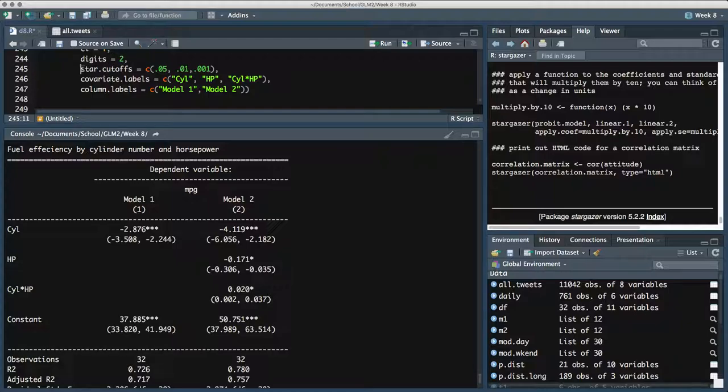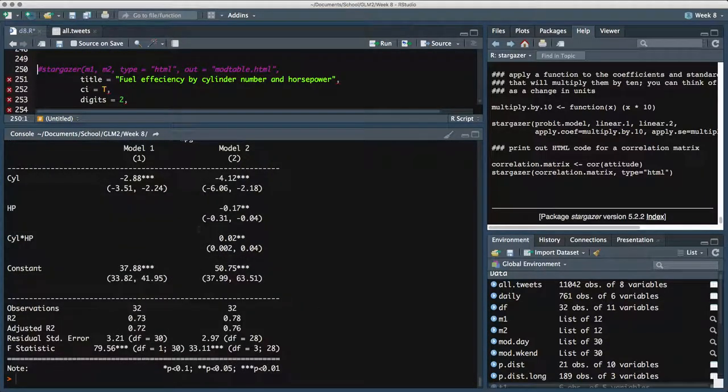For the star cutoffs, if I comment that out so it just doesn't run that line, one thing that really frustrates me is that it'll annotate 1 star by default as P less than 0.1, and 2 stars as P less than 0.05, and 3 stars as P less than 0.01.